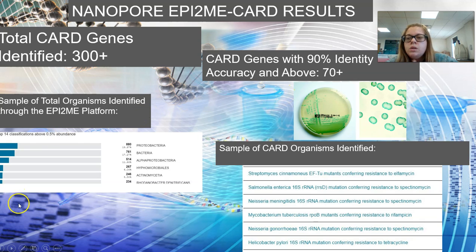These two tables down here show, the one on the left side, just a sample of the total organisms that we were able to identify through this platform. And the bottom right is showing just some of the different resistant genes that we were able to identify with that platform and system. And that is our results.